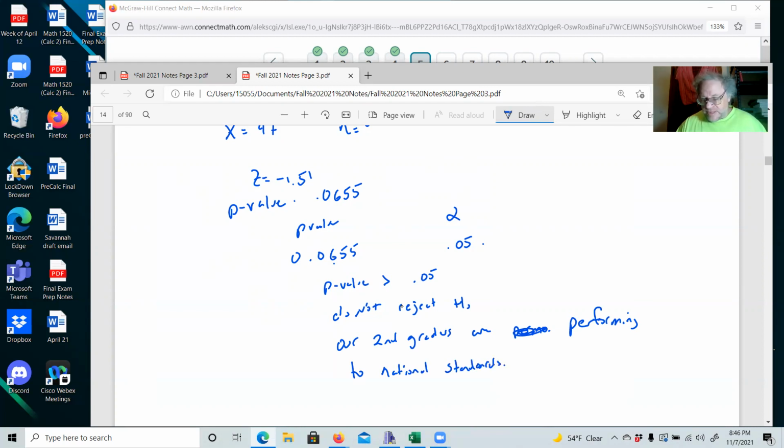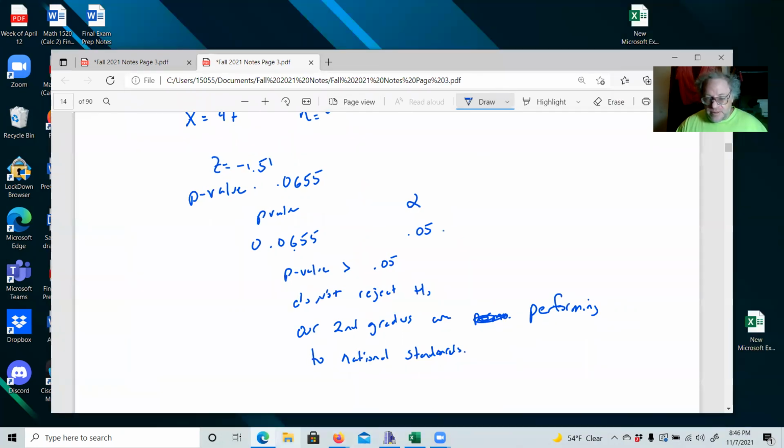You can't say that these kids are any less than national standards. The averages differ, but once you take into account the standard deviation and that you only have a sample of kids, there's not enough of a difference. That's what we're saying.